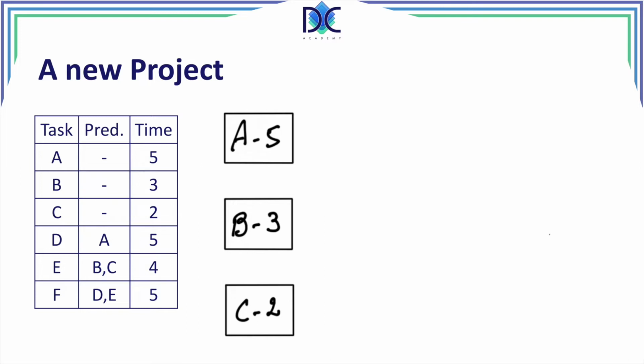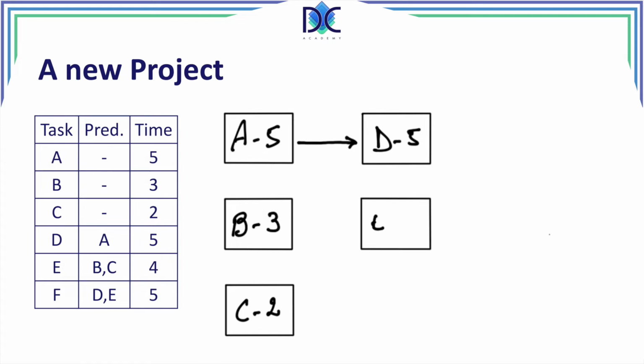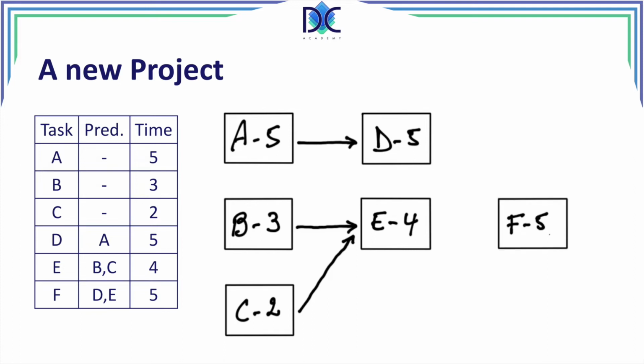Now we can add D, and D has one predecessor, which is A, which we can show with the arrow between A and D. The next activity to add to the network is activity E, with a duration of 4 periods, and E has 2 predecessors, B and C. The last activity, F, is in fact added at the end. F has 2 predecessors, E and D.